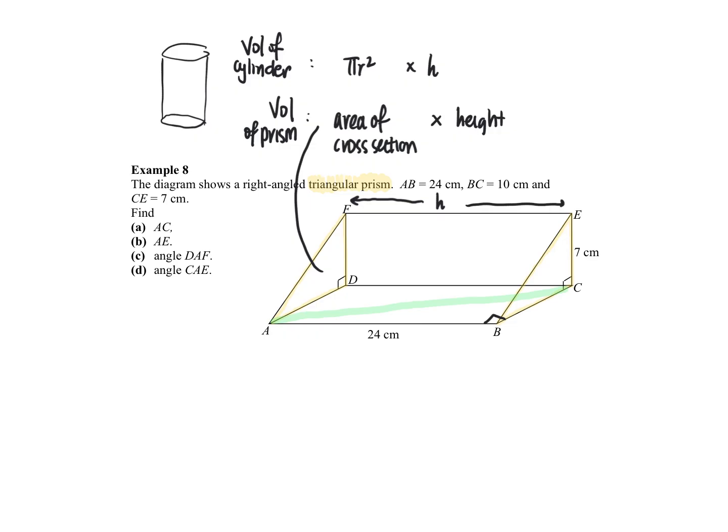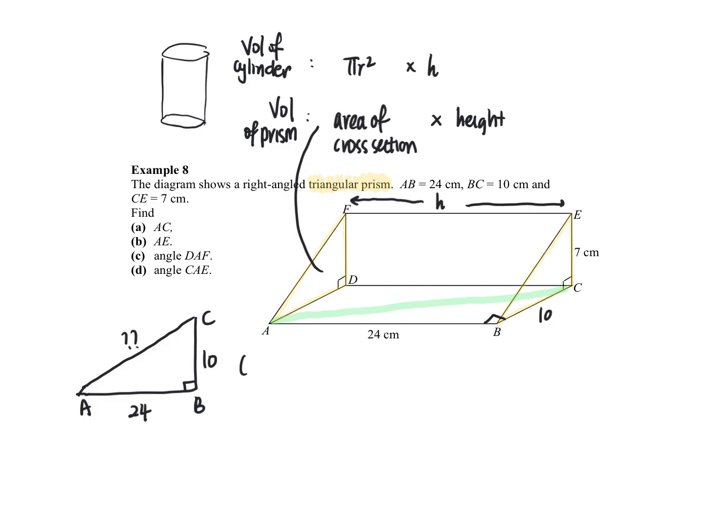Okay, so here, let me redraw my ACB. So this is 24. What else did they tell me? BC is 10. They never write it on the diagram. Very sneaky, but please fill it in. So to find this, just use Pythagoras theorem.